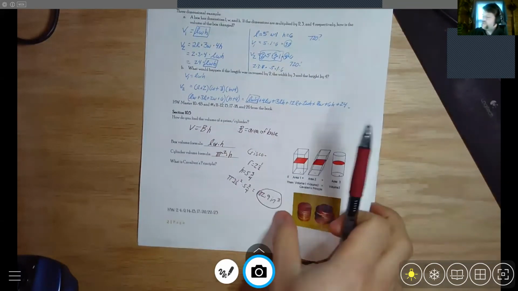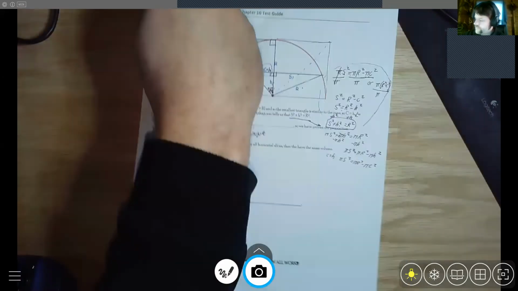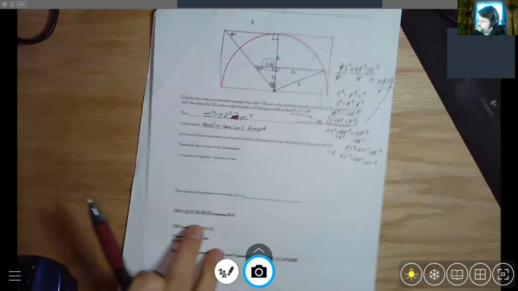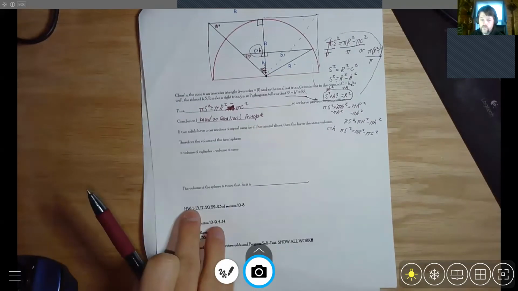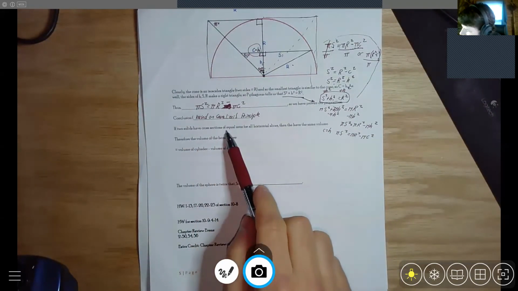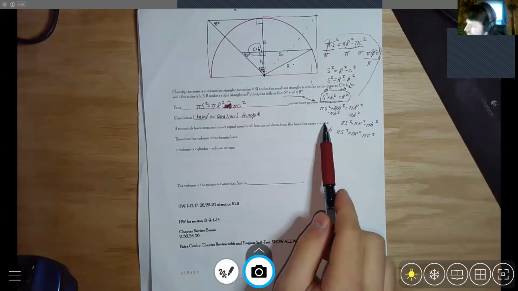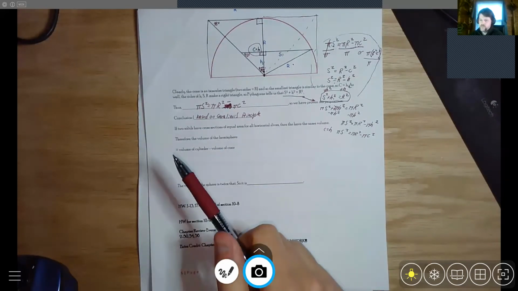So we're going to apply that idea here. If two solids have cross sections of equal area for all horizontal slices, then they have the same volume. That's based on Cavalieri's principle.